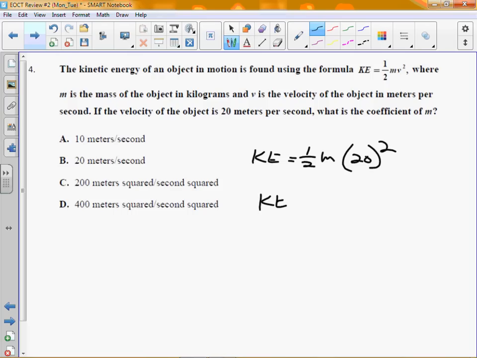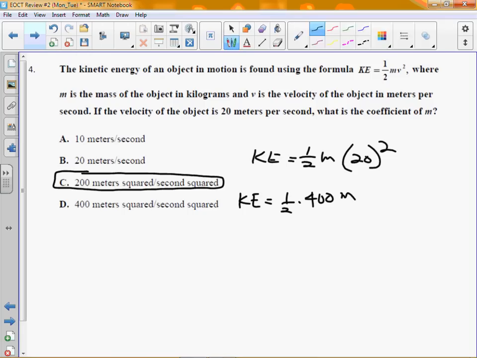So KE equals 400 m. So it would be half of that. I'm sorry, get your half. Which would be 200. So it would be 200 meters over second squared. Good? Half of 400 is 200.